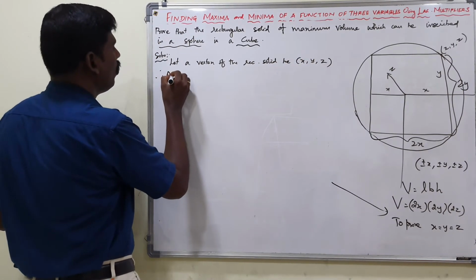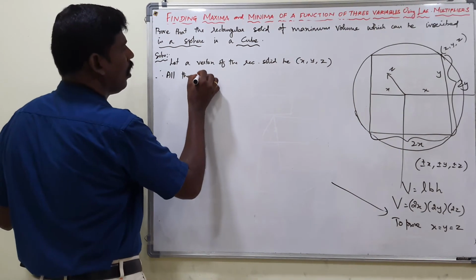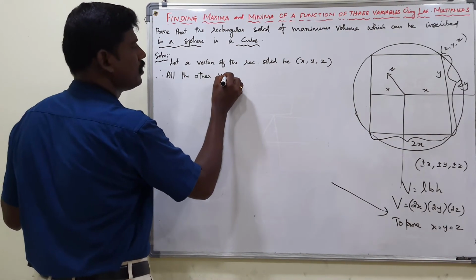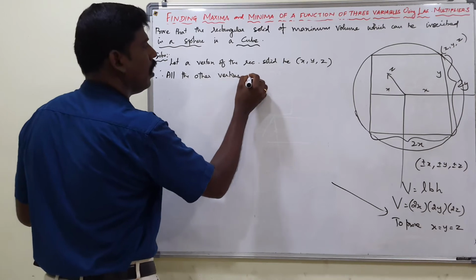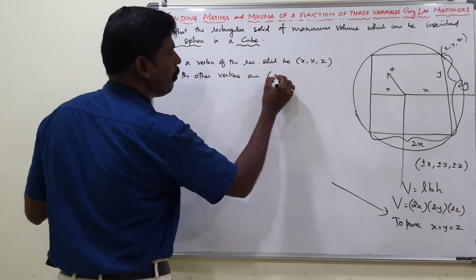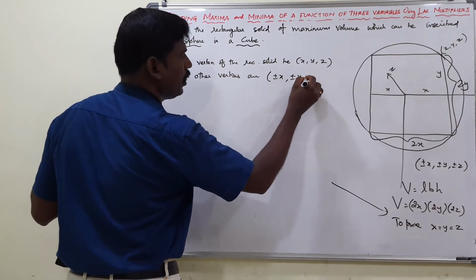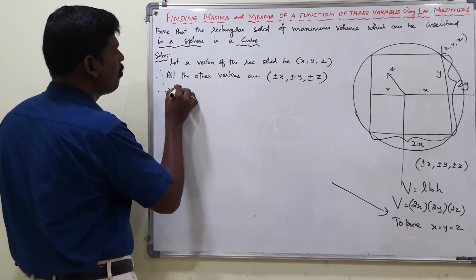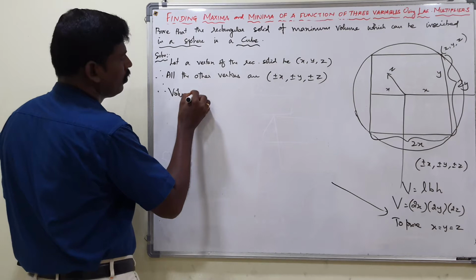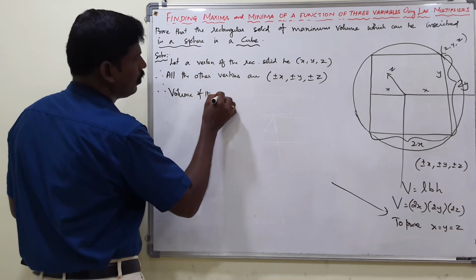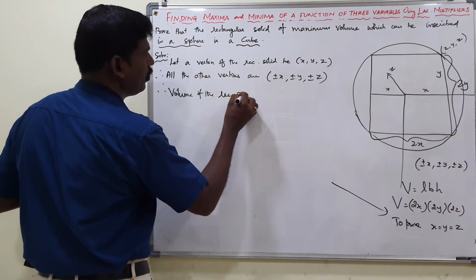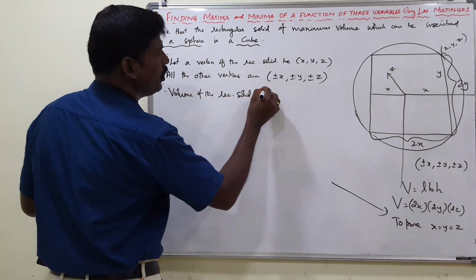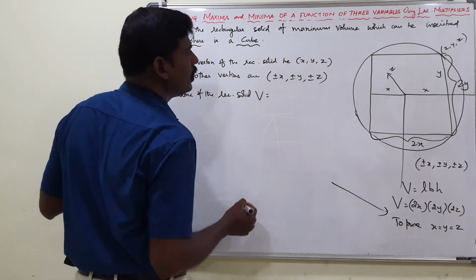Therefore, all the other vertices are in the form of plus or minus x, plus or minus y, plus or minus z. Okay. Therefore, volume of the rectangular solid V is equal to what? Length into breadth into height, isn't it?